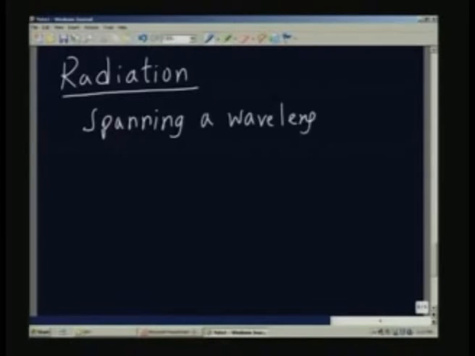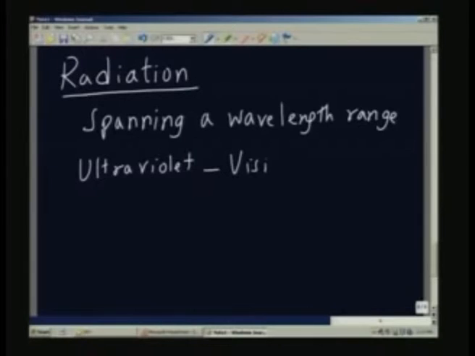The radiation which we are going to talk about may span from ultraviolet, going from low wavelength towards higher wavelength, then the visible, and then the infrared. So, we can generally divide the wavelength range into three categories: the ultraviolet range, then the visible part of the spectrum, and the infrared part of the spectrum.